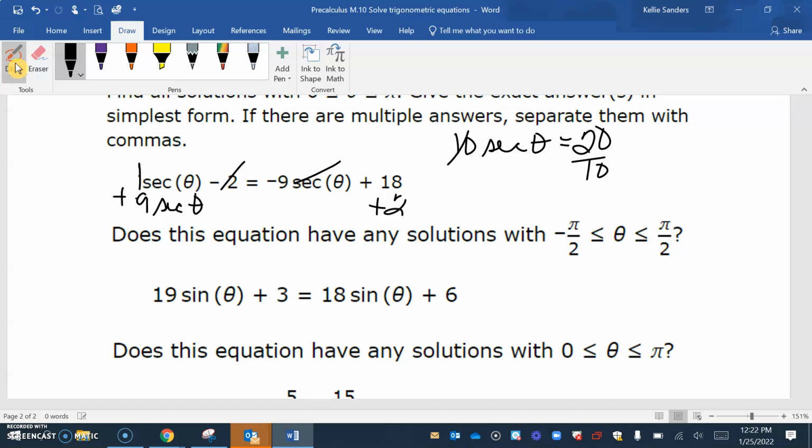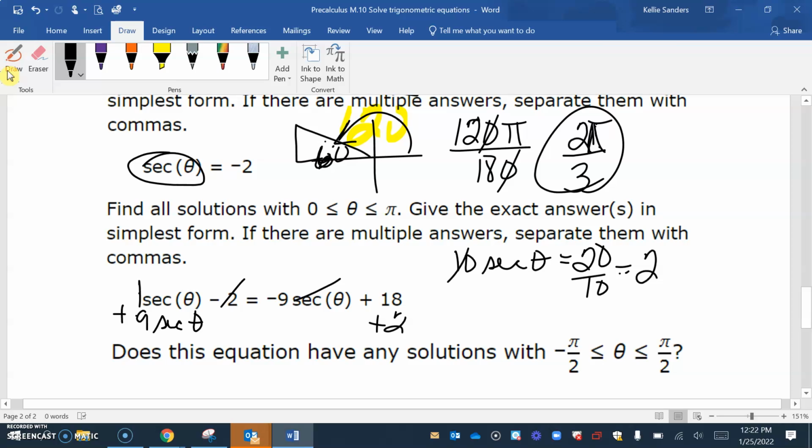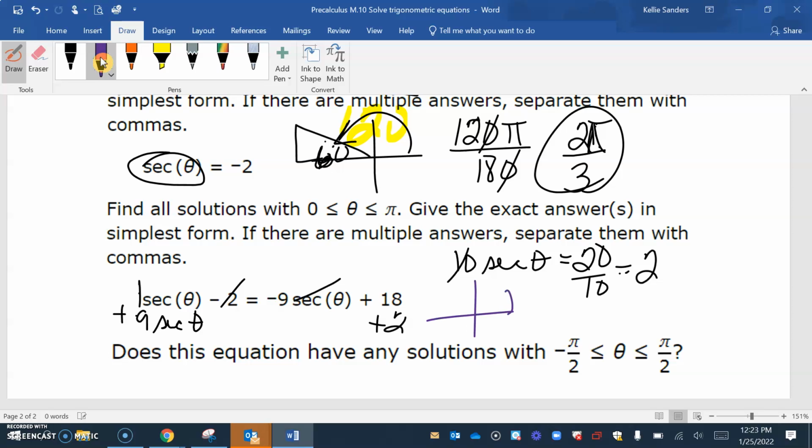Divide by 10 to get 2. And just like we just did on the last one, but because the 2 is positive on the one we're working on now, it's just going to be 60, and 60 is pi over 3.